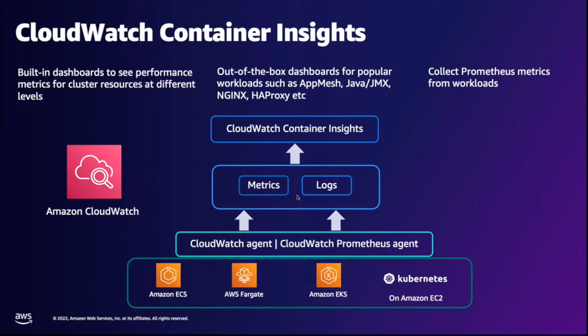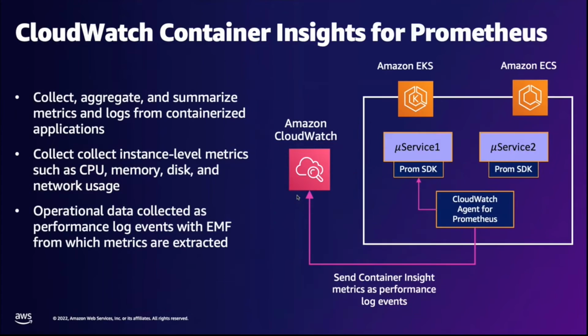Also remember, we have CloudWatch Container Insights for Prometheus. This is another view, where we have an agent that can be integrated with the Prometheus SDK, no matter the solution that we are using. This could be used to provide some insights.